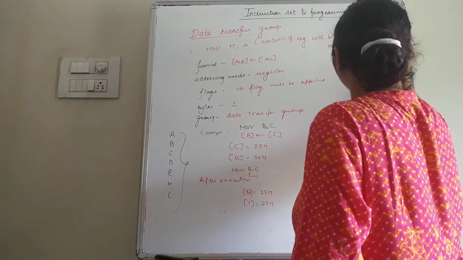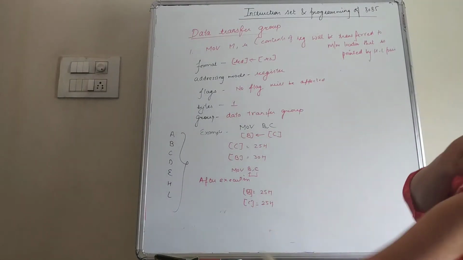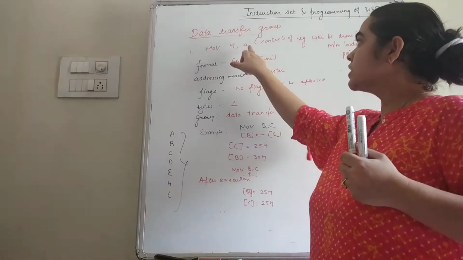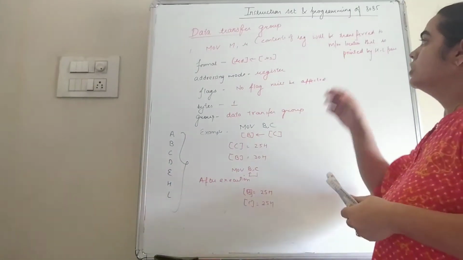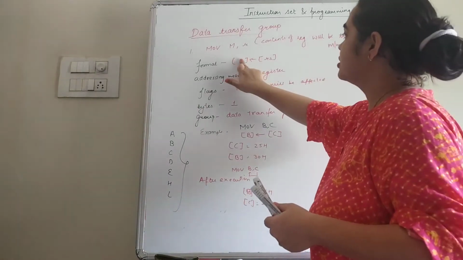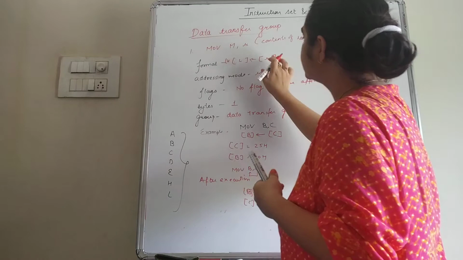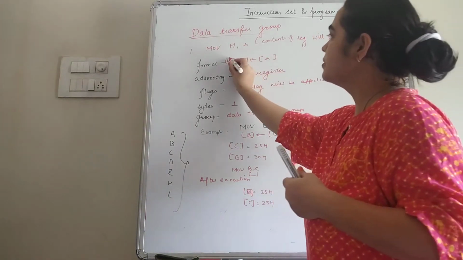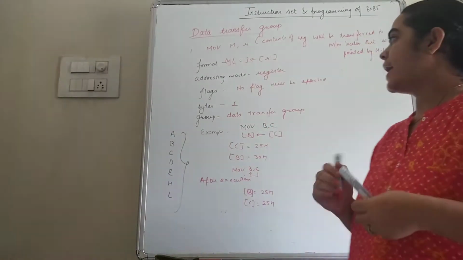Students, M means the HL pair. Whatever address is pointed to by M, the contents of the register will be moved to that particular location. The format of this instruction has the HL pair, so the contents of the register will be transferred to the memory location pointed to by the HL pair.